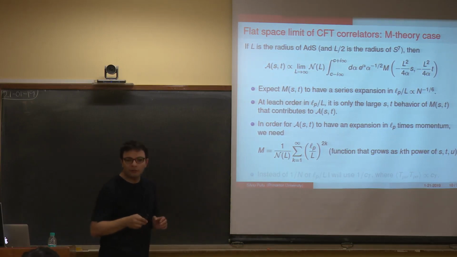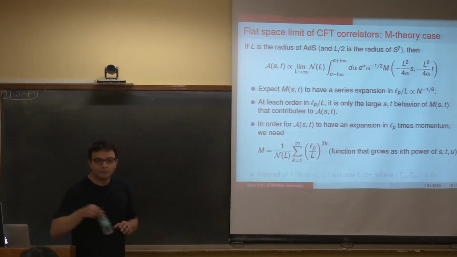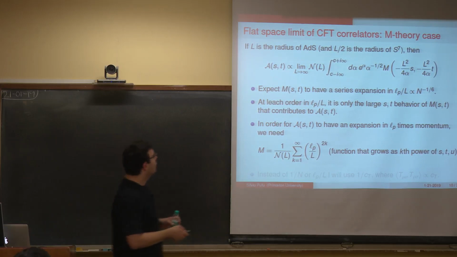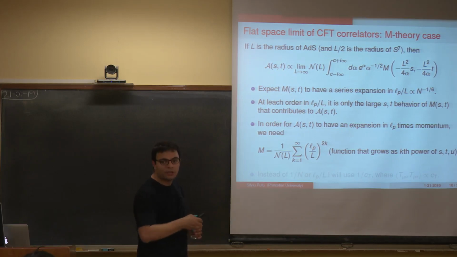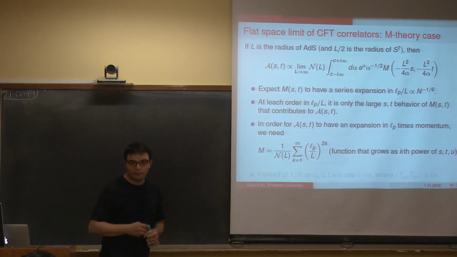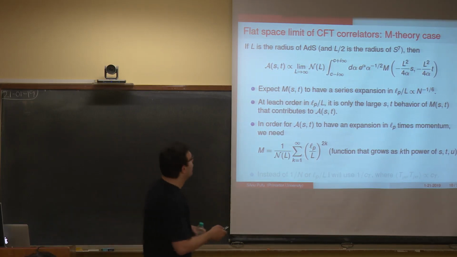Is this sort of clear? I didn't understand this, that it should be a function that should grow at k power. You need A of S and T to have an expansion in L Planck times momentum. So say at some order it's L Planck to the 10th times S to the 5, and you know that only the leading term must contribute to that.